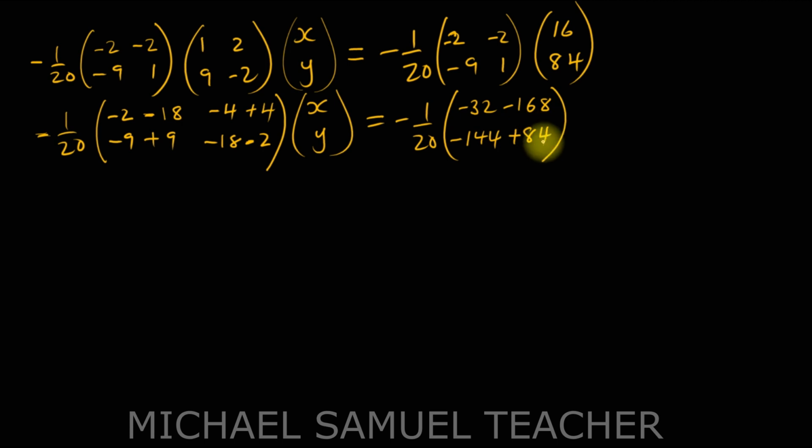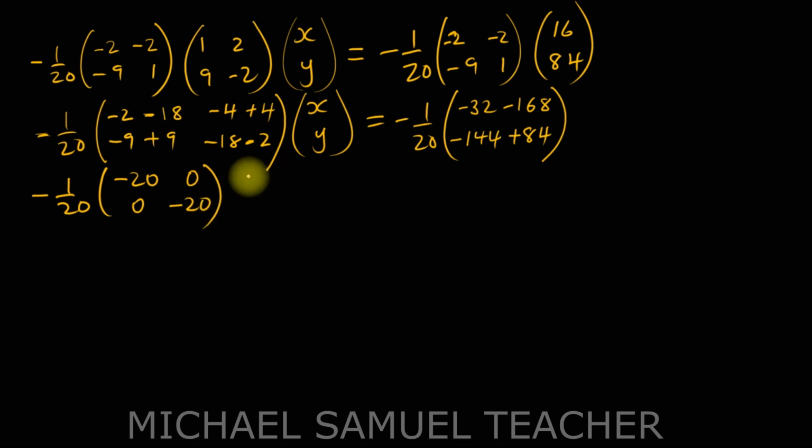Then we add: minus 1 over 20 times the matrix minus 2 minus 18, which is minus 20; minus 4 plus 4, 0; minus 9 plus 9, 0; and minus 18 minus 2, which is minus 20.